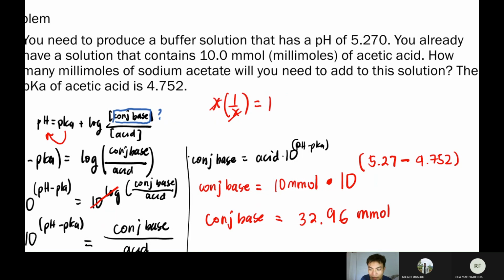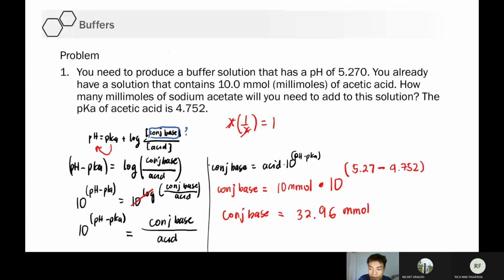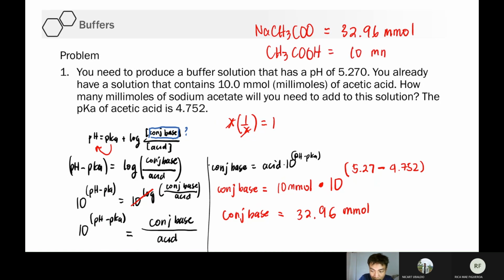Medyo maraming conjugate base ang kailangan. So, ang final answer natin would be yung sodium acetate. Ang kailangan natin ay 32.96 millimoles. Ang acetic acid natin, ang kailangan natin ay 10 millimoles.